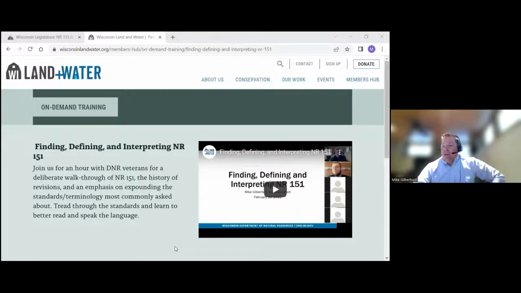This is just an example of how complex it can be in finding what some of these performance standards actually mean. For example, the clean water diversion, just kind of the extreme here, when you get into that performance standard and the topic of where do clean water diversions apply? That would be in a water quality management area.